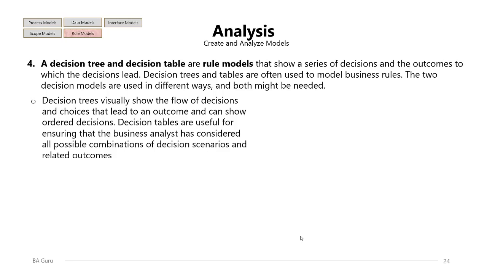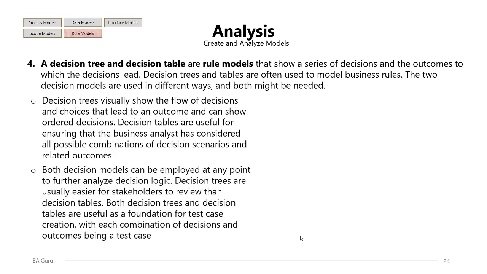Decision trees visually show the flow of decisions and choices that lead to an outcome and can show ordered decisions, while decision tables are useful for ensuring that the business analyst has considered all possible combinations of decision scenarios and related outcomes. This is the key difference between the decision tree and the decision table. Both decision models can be employed at any point to further analyze decision logic.